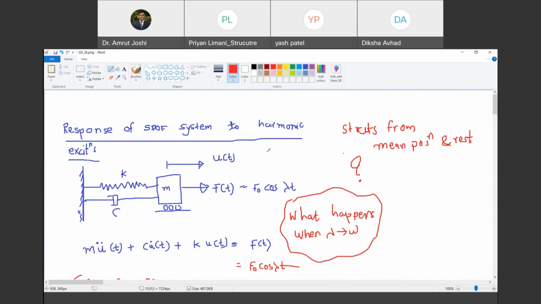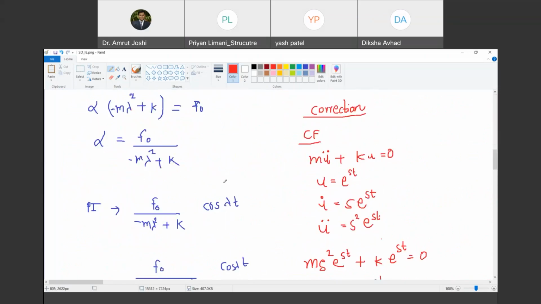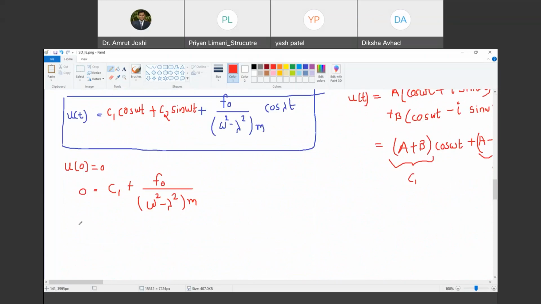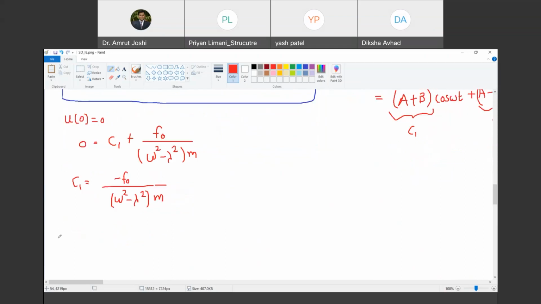Are we on same page? Chalo. So let us go ahead. So what is the value of C1 now? Tell me. C1 is therefore minus F0 upon omega square minus lambda square times m. Happy?